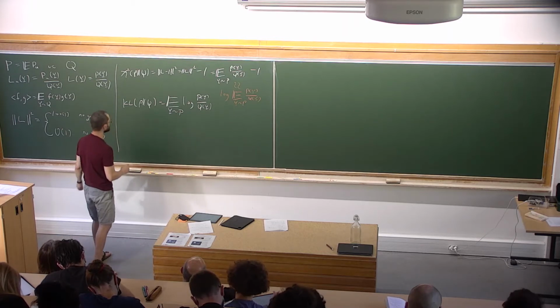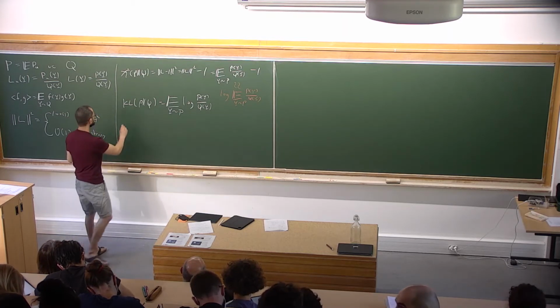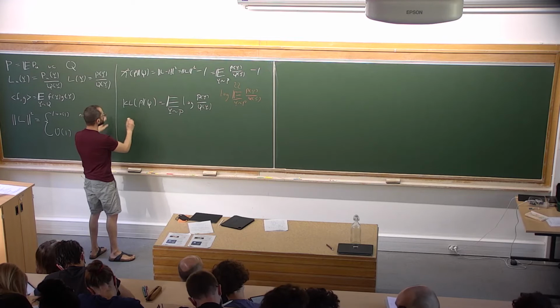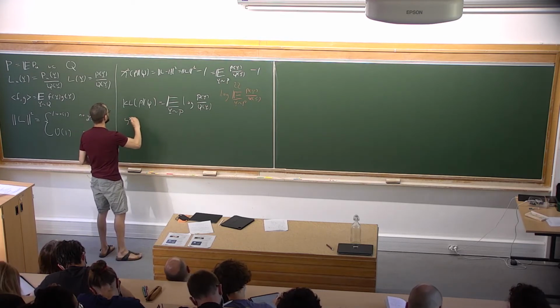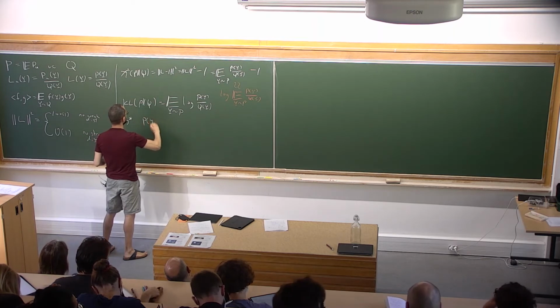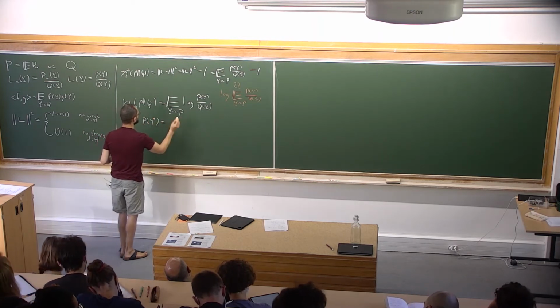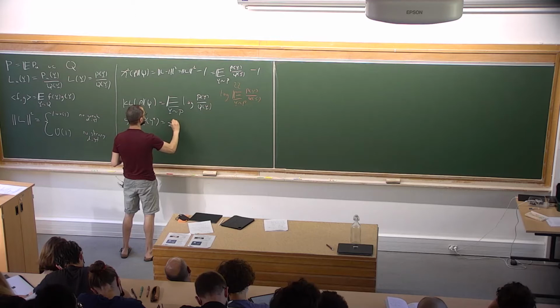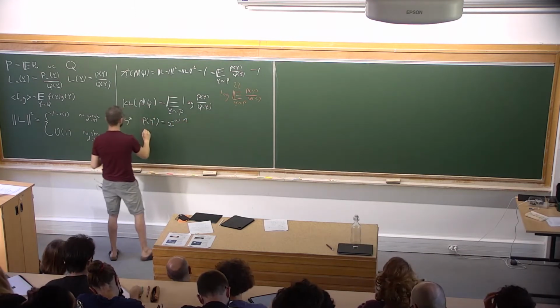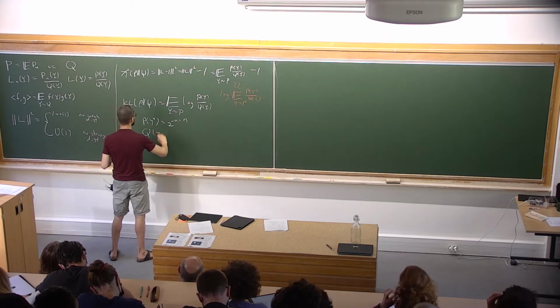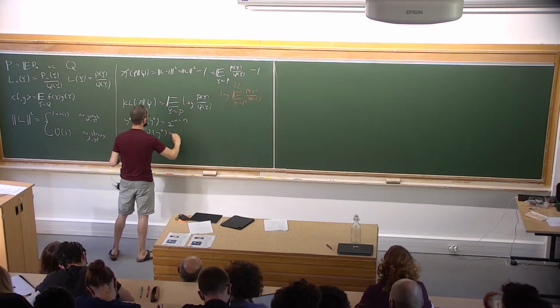So let me remind you of this example. Suppose the only difference between P and Q is that there is some y star such that P of y star is, I don't know, 2 to the minus 0.1n, but Q of y star is 2 to the minus n.